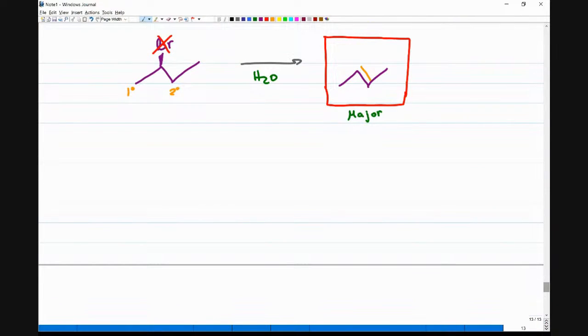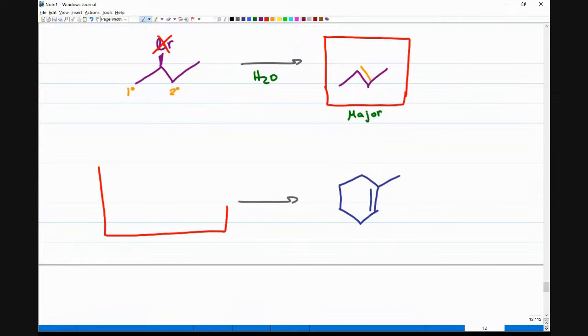And if I have to do the reverse, where I'm given, let's say, something like this, and I have to come up with the starting molecule, all I have to do is redraw the skeleton and put the leaving group anywhere.